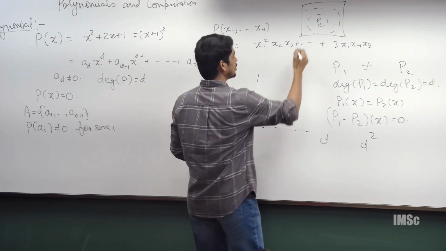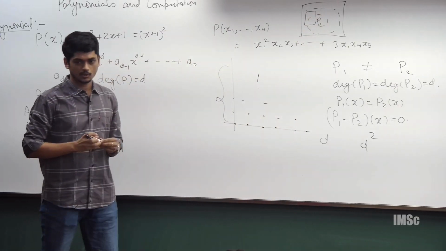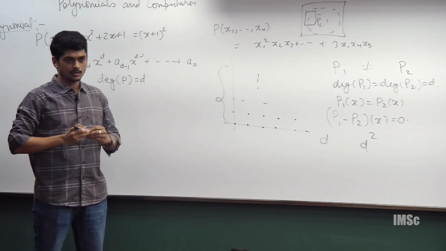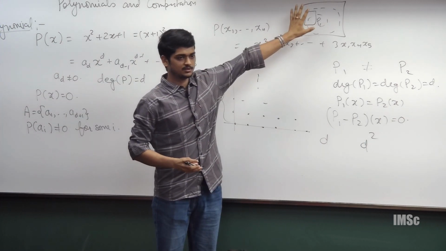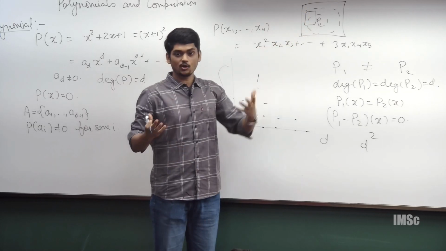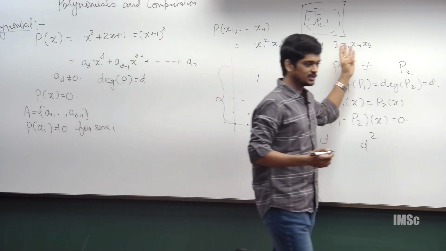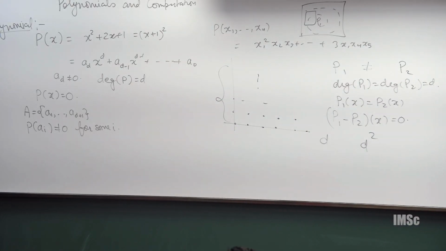But you are only actually getting to look at a small part of it, not the whole part. But as long as this is large enough, I know that two polynomials cannot be equal on this whole thing. So just by looking at the values here, there is exactly one polynomial which can take all these values. So now the question is, if you know there is exactly one polynomial, how do you find it?